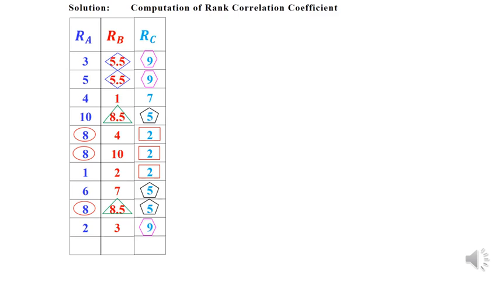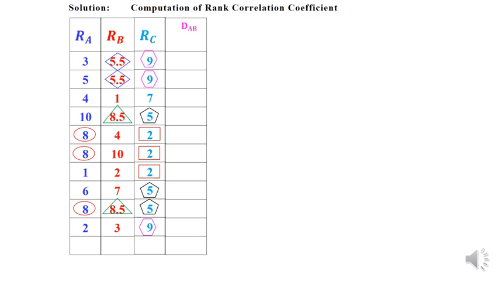Okay, so now take the pair of A and B, find out the difference between A and B rankings. DAB, RA minus RB.